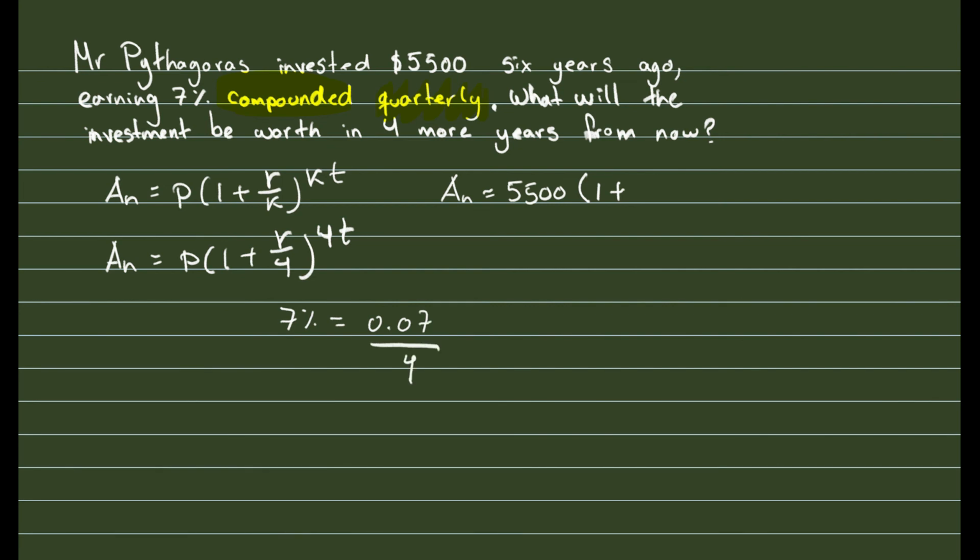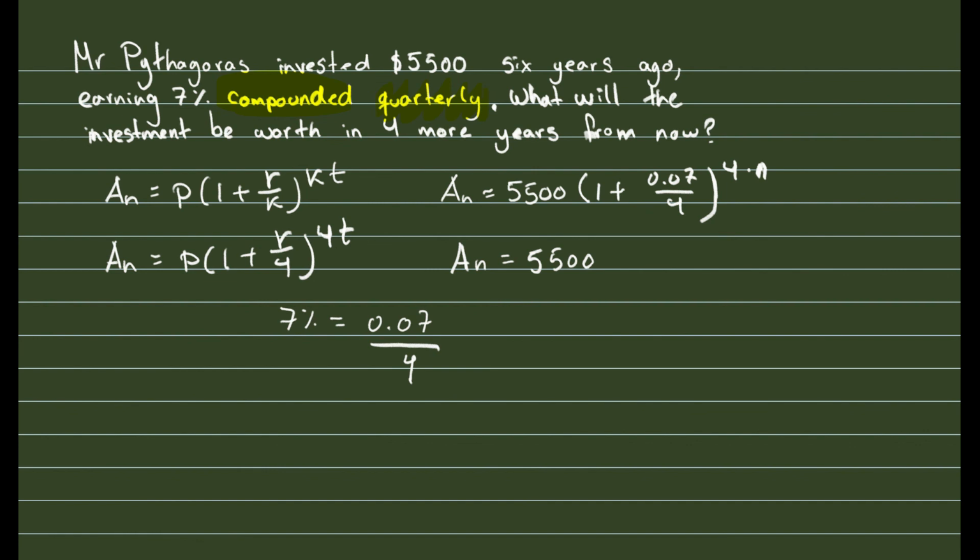So A_n is equal to 5,500 times 1 plus 0.07 divided by 4, to the power 4 times t, whatever number of years.